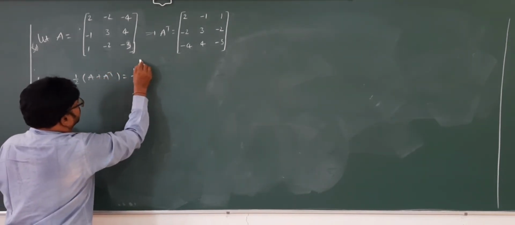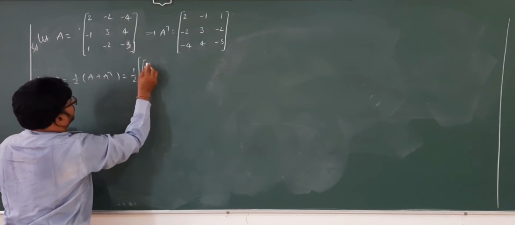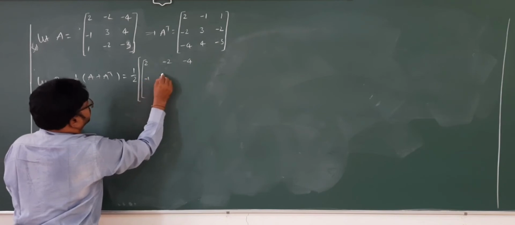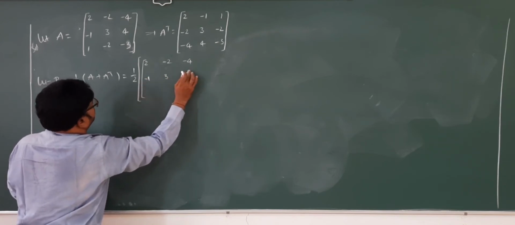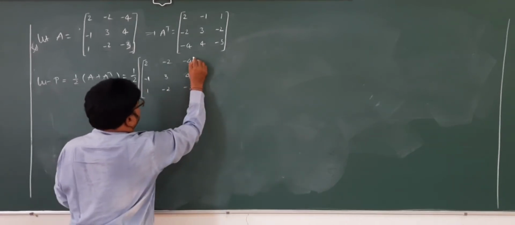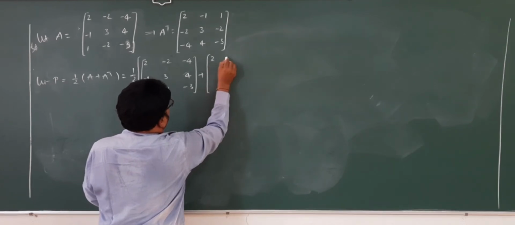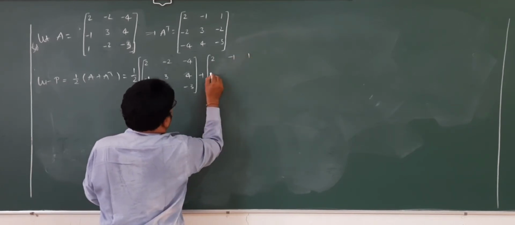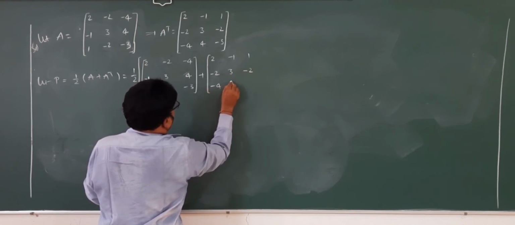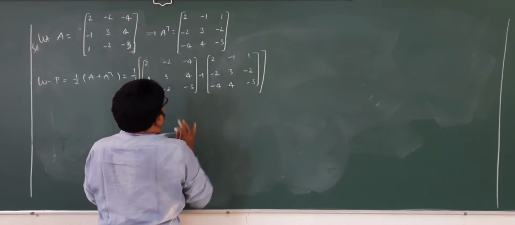So 1/2 of these two matrices: the first matrix is [2 -2 -4; -1 3 4; 1 -2 -3], plus the second matrix, the transpose, [2 -1 1; -2 3 -2; -4 4 -3].